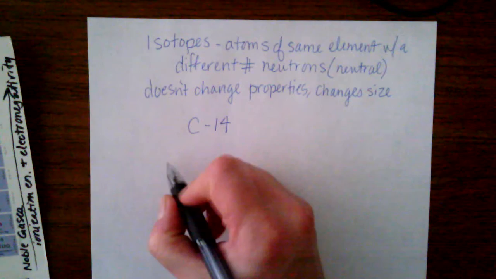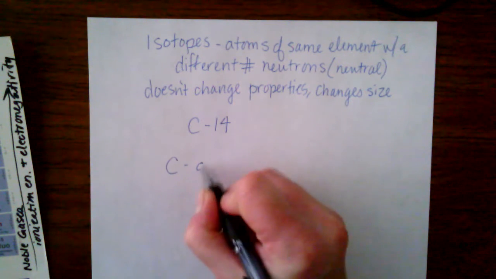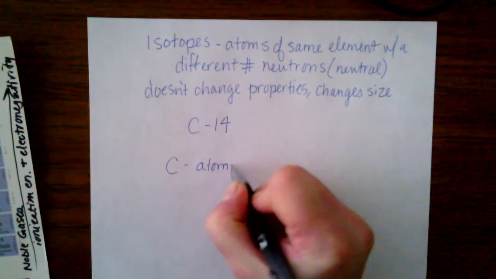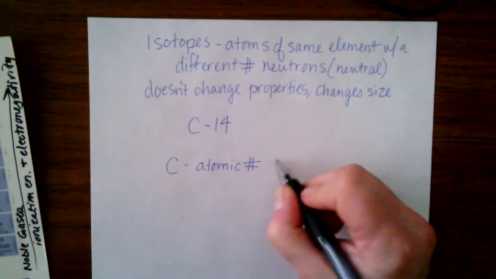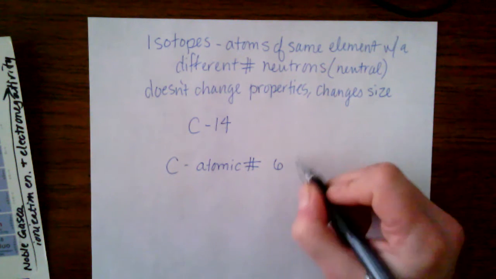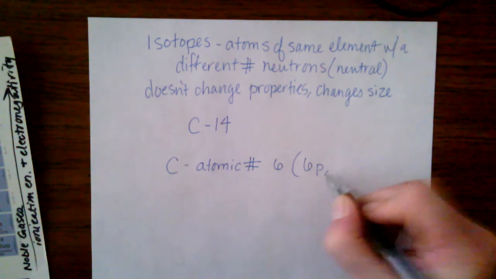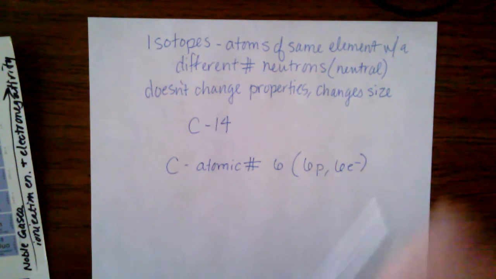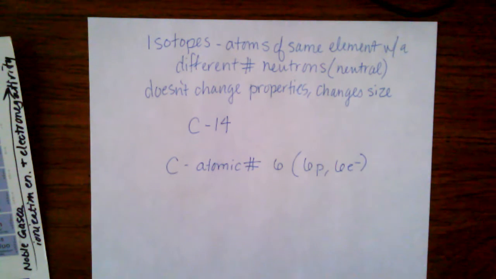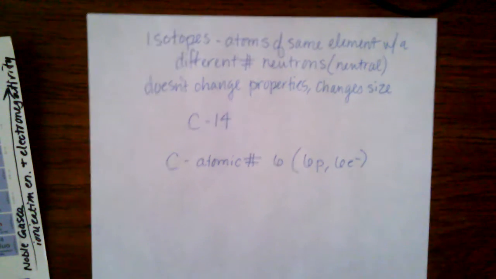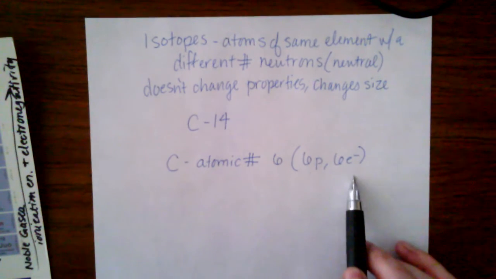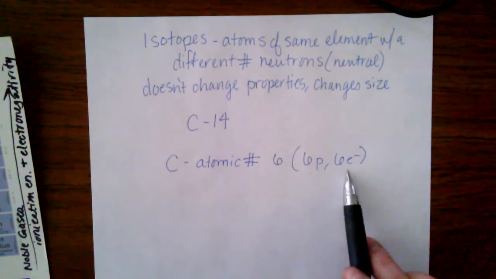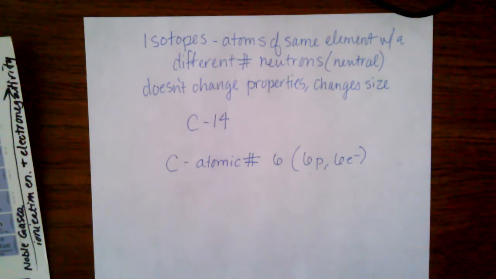If we look on the periodic table, carbon has an atomic number of 6. Okay, that means that it has 6 protons and 6 electrons, because any element on the periodic table is neutral, does not have a charge. So that means it has 6 protons and 6 electrons. If it's an ion, the number of electrons can change. Ions are an atom with a charge.